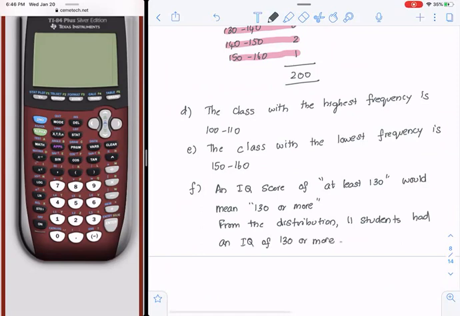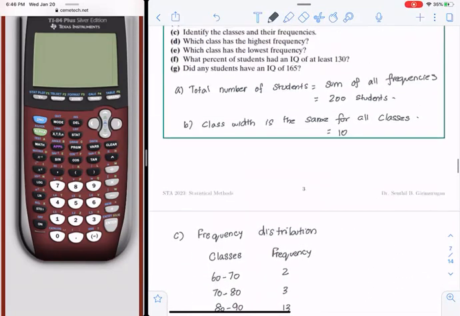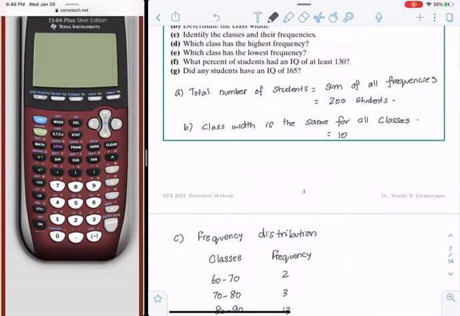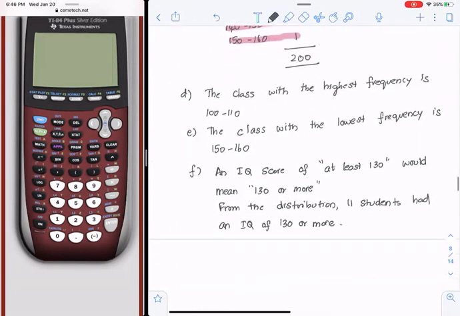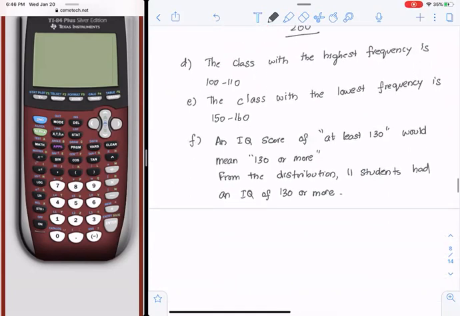Eleven students had an IQ of 130 or more. So the question wants to know what percent of students had an IQ of at least 130, in other words, 130 or higher.